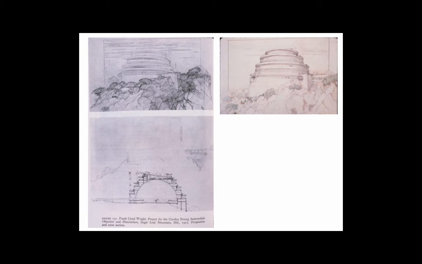And the Guggenheim Museum had earlier manifestations. This is 1925, a planetarium with a spiral road around it.